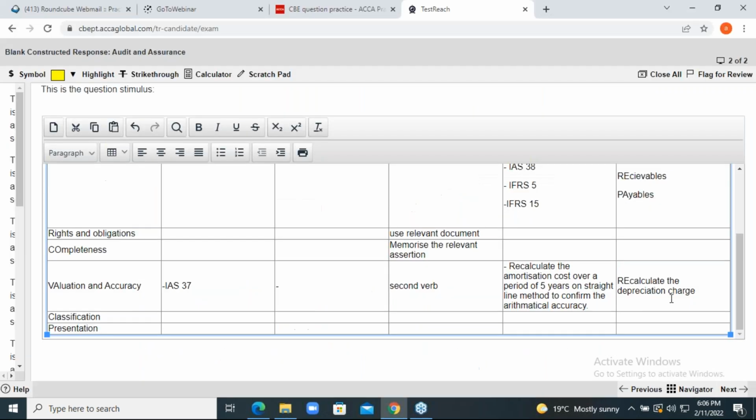So, recalculate the depreciation charge for 50 years in case of property and 10 years in case of equipment.